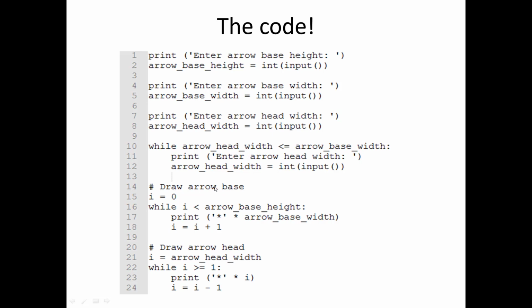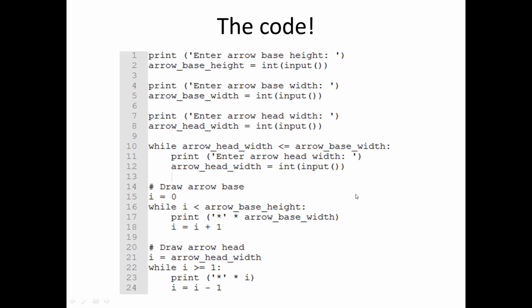Finally, we'll draw the arrow base and the arrowhead. So notice how we're going to do this here. We're going to say while this variable I that we set to 0 is less than or equal to the arrow base height, that's the tall part of the arrow, we're going to print star times the arrow base width.